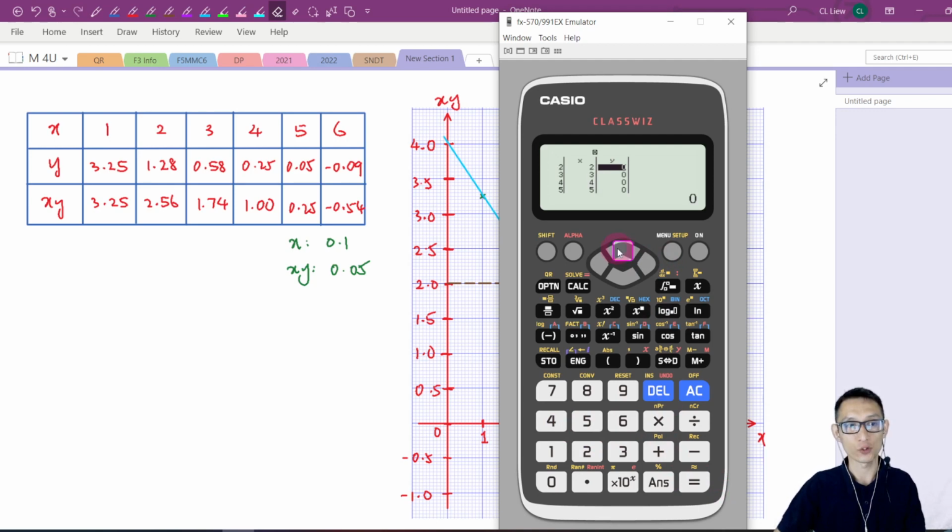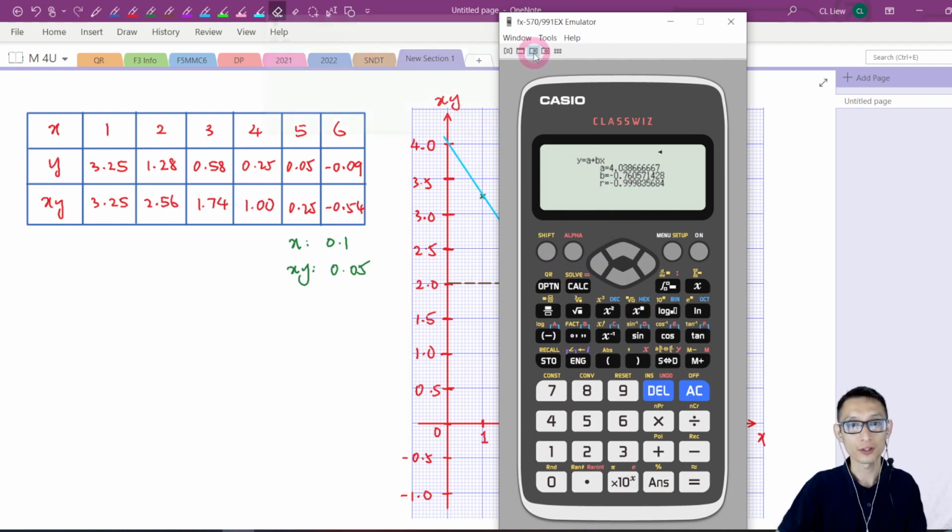Now for xy, the first one is 3.25, 2.56, 1.74, and 1.0. Then key in 1, 0.25, and negative 0.54. Make sure all the values are keyed in correctly, and then press option, choose number 4.